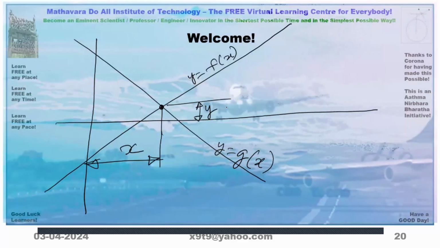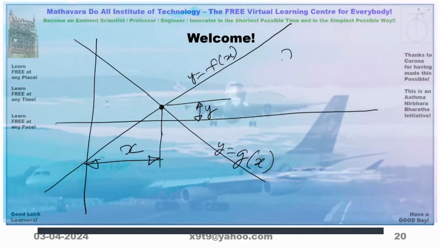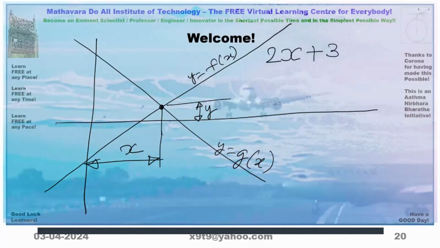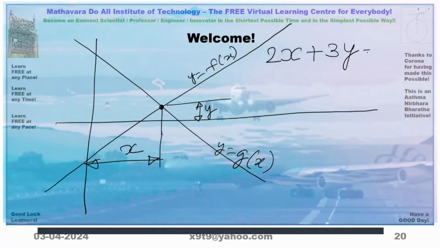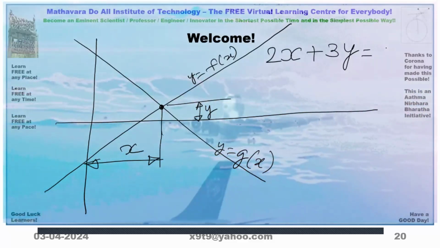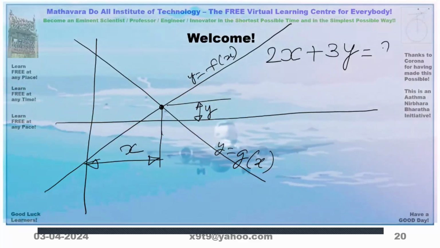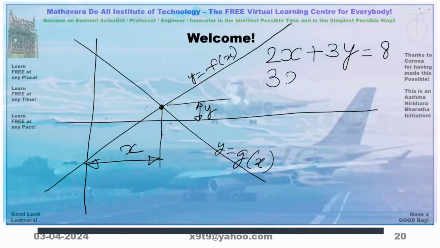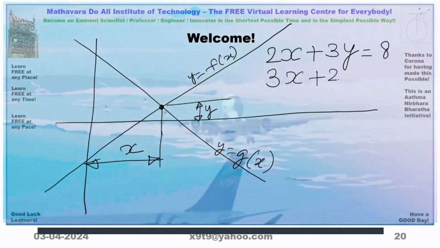So we will do a problem of this type. Say 2x plus 3y is equal to 8, and 3x plus 2y.